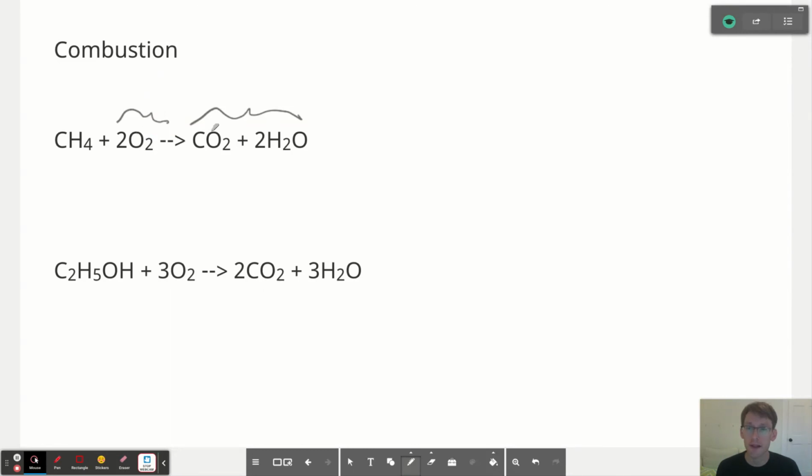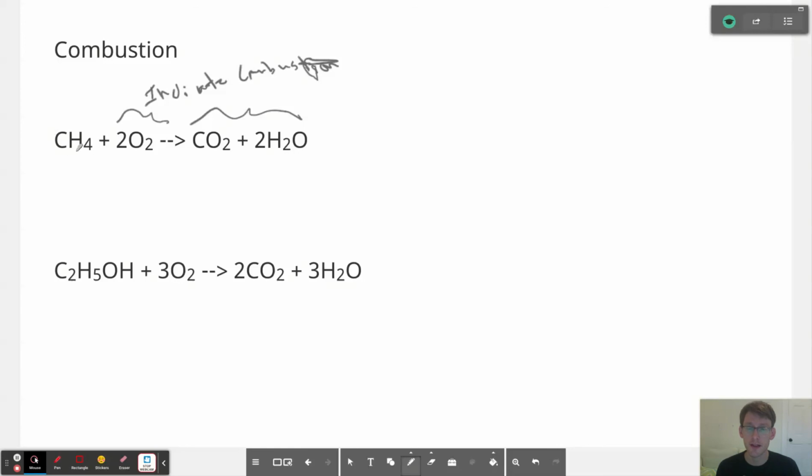Always, when we have these three, the reactant oxygen and the products carbon dioxide and water, we get a combustion reaction. So these indicate combustion. I will point out that what varies is the fuel that is burning.